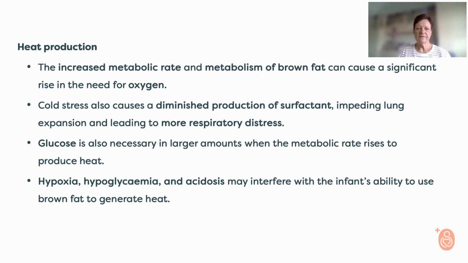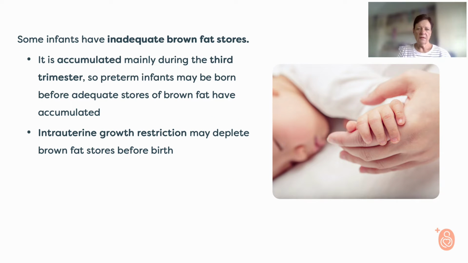And that is very important for us, for normal newborn babies, to keep them as warm as possible, but specifically in the asphyxiated babies and the babies with already respiratory distress, this is extremely important. Now, there are some infants who have inadequate brown fat stores, and this is usually preterm infants, because the brown fat is usually accumulated around the third trimester of pregnancy.